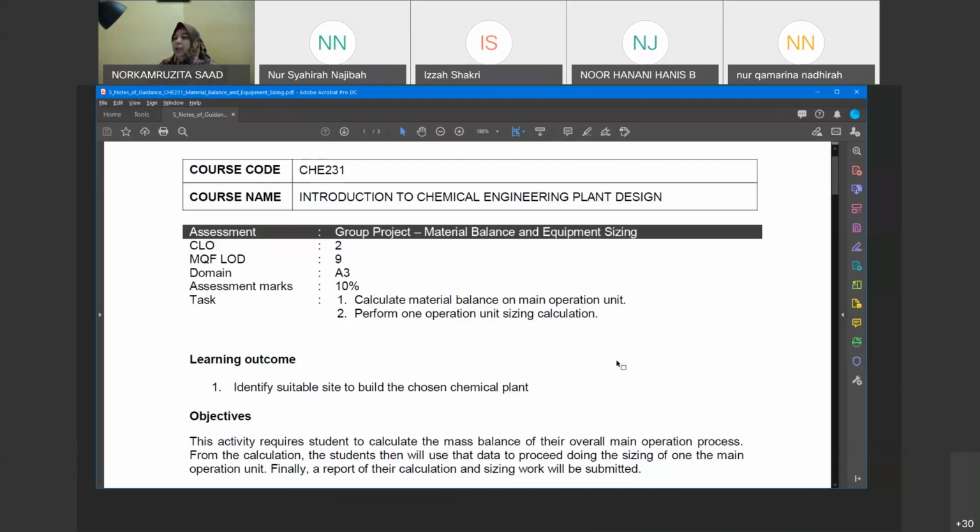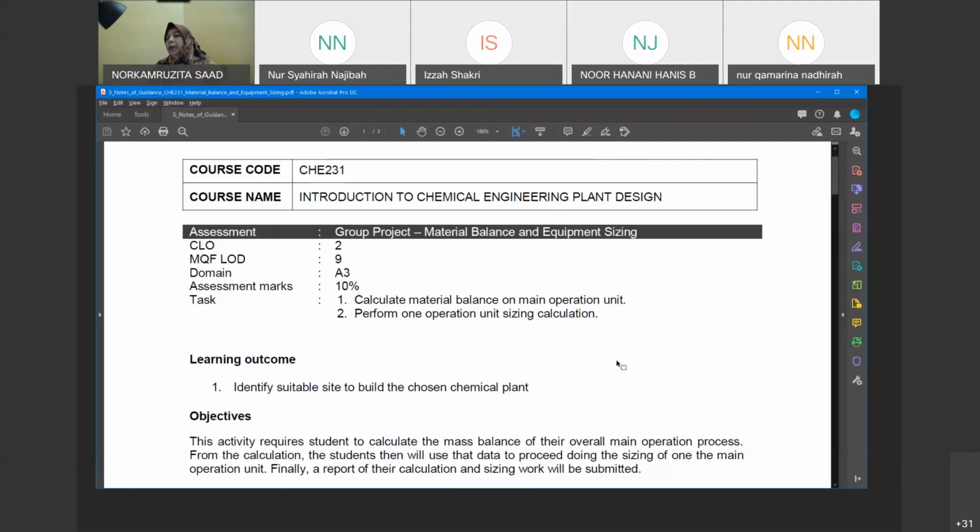The separation unit can be distillation, gas absorption, or maybe liquid extraction, because you have learned this unit in the last semester subject, which is CHE 246. Therefore, this is the time for you to apply what you have learned in separation process, to design the unit that you have learned.